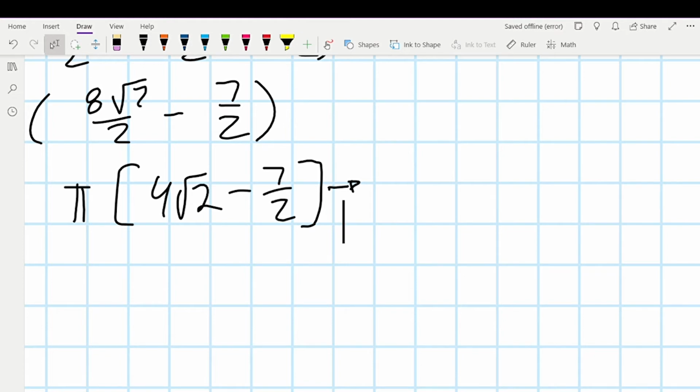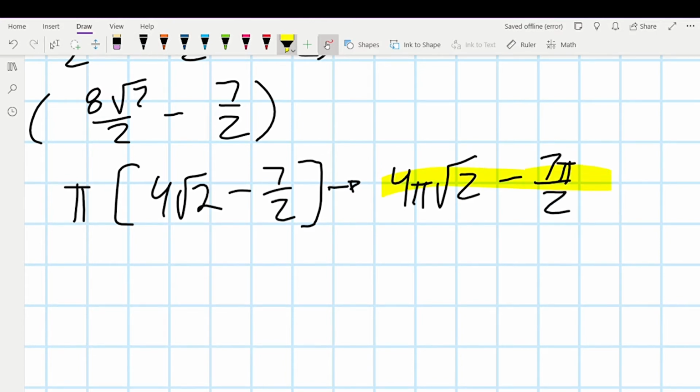So minus 7, I'm going to go ahead and type it into my calculator. And this just gives us the same thing. So we will have 4 pi root 2 minus 7 pi over 2. And that should be your answer.